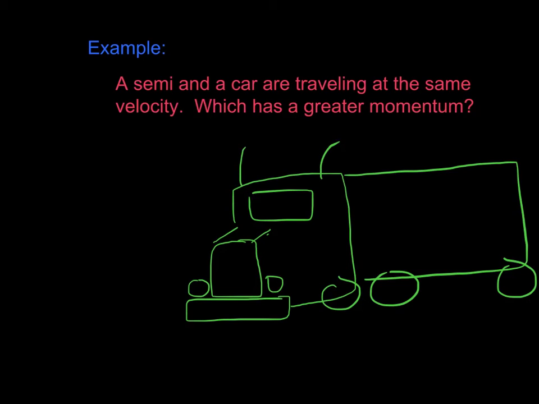Did you guess? Probably so. But do you know why? The semi has more momentum because it has larger mass.